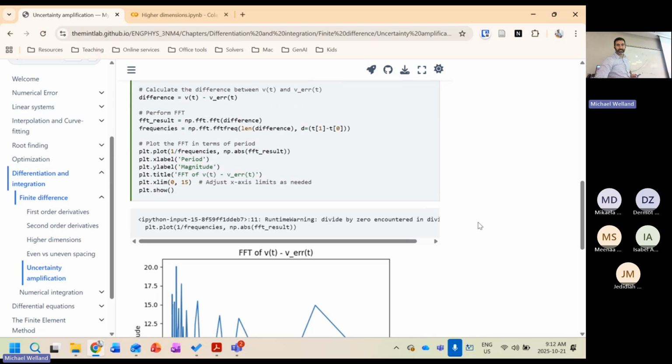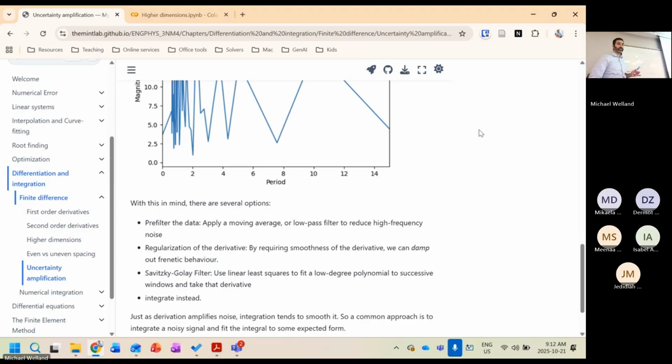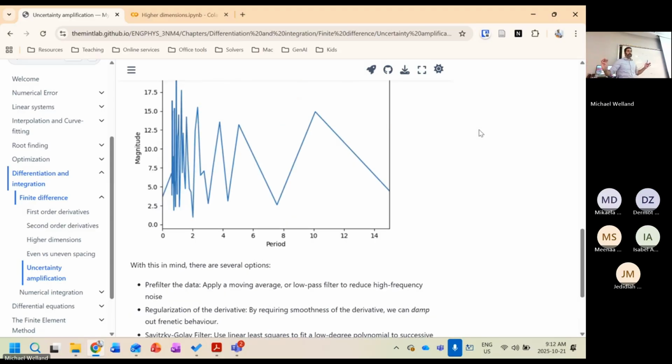With the noise, you're going to get this garbage, and this garbage is your noise. Very short period. The amplitude doesn't matter so much; it's the super high frequency. And the differentiation is going to pick up on all that high frequency stuff and just destroy your results.